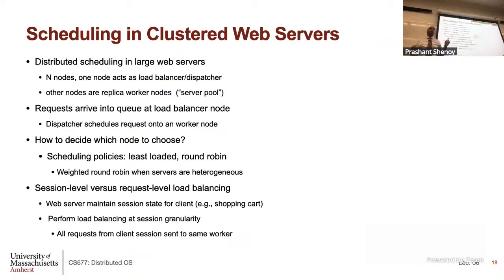If you do session level load balancing, a user session is mapped to a server, and all requests from that user session go to that server. If you do request level load balancing, each HTTP request, even from the same user session, might go to different servers. So that's the difference between the two.